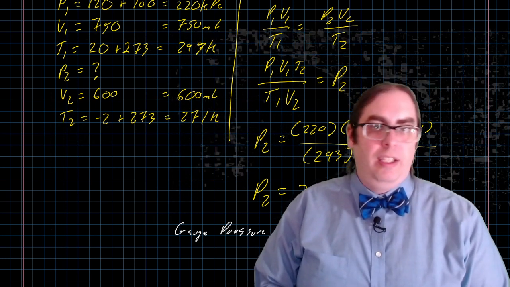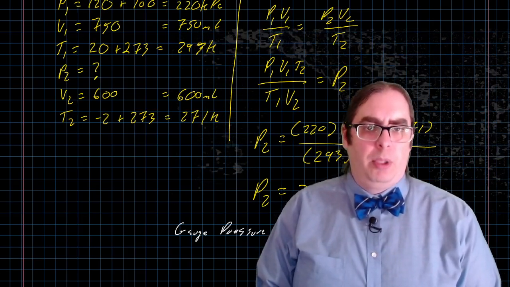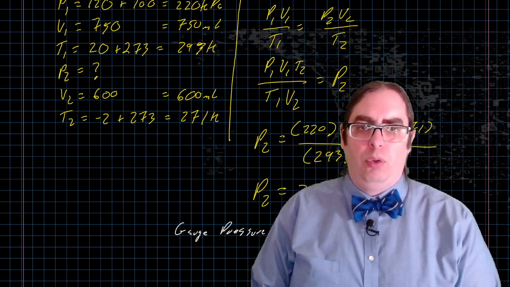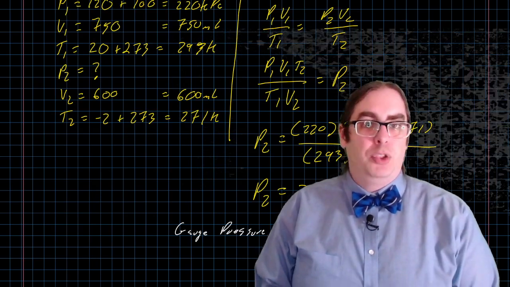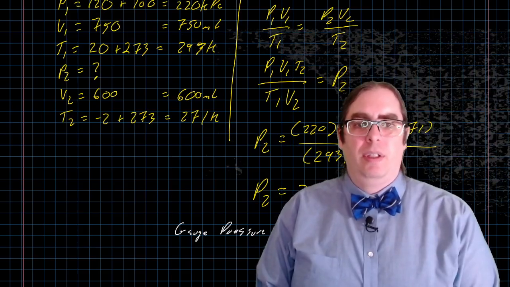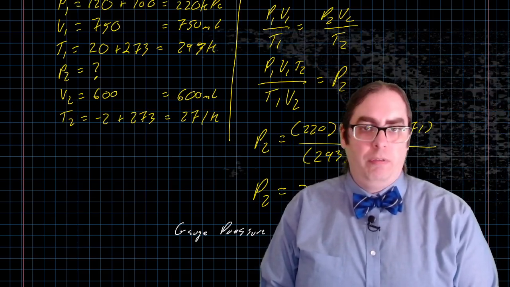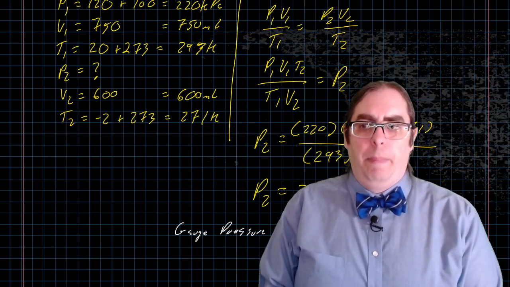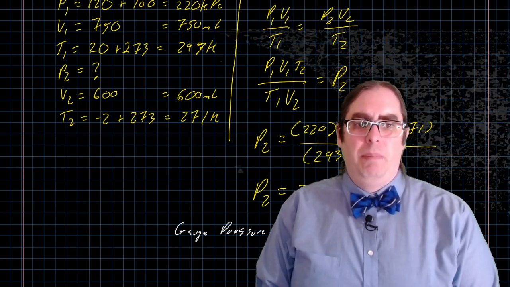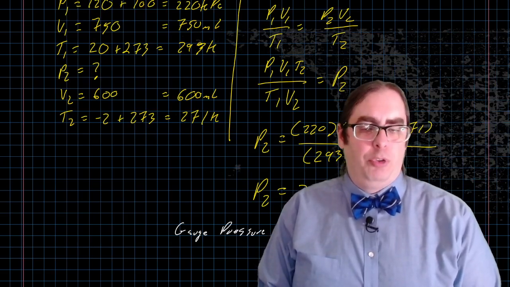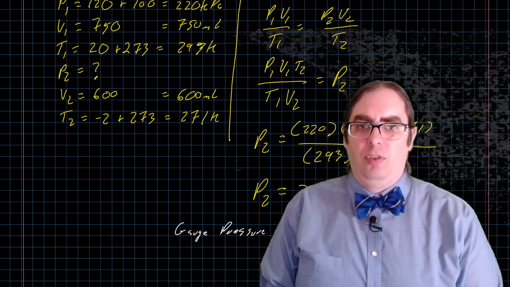There are a lot of little things going on in that problem, a lot of little places to take your time, be careful, make sure you're understanding what's going on. The actual equations are very straightforward and also very forgiving, but making sure that you understand what the measurements are giving, make sure you understand when you have absolute measurements and when you don't, that can be a little bit confusing.